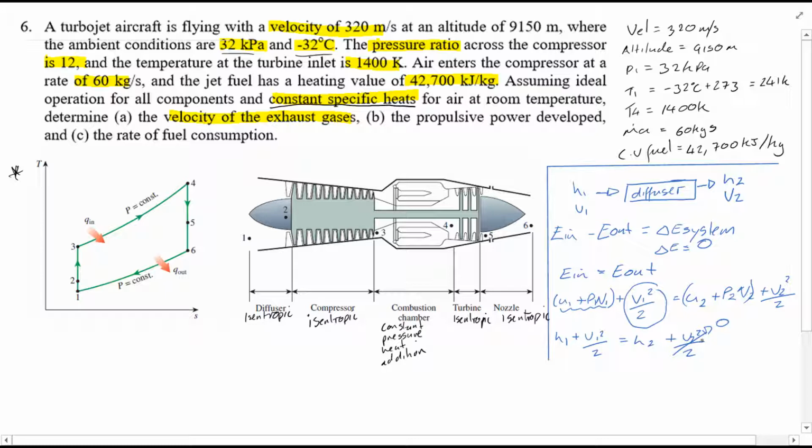Watch out for the units here. When you mix velocity with enthalpy, enthalpy needs to be in joules per kg, not kilojoules.